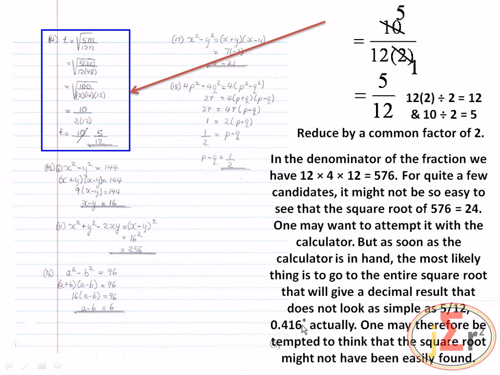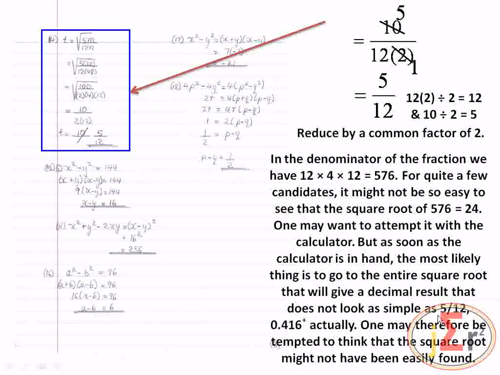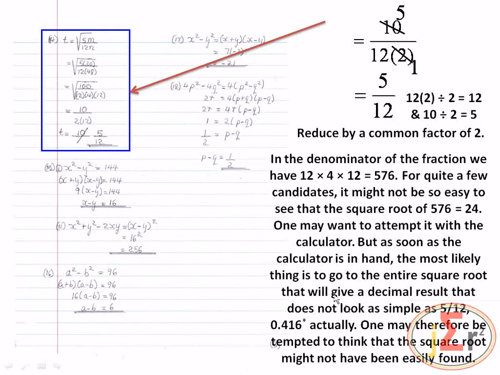And that will be the actual value if we should attempt to use our calculator to find the square root of the entire thing that we have right here. With the 6's recurring, that should not look as simple as 5/12. One may therefore be tempted to think that the square root might not have been easily found.